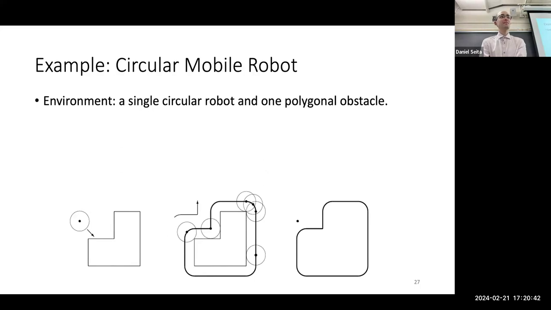Yeah, the circular robot is walking across the edge of the entire polygon. What do we get from that? You have this, and then you've got this curved shape. What is this thing representing?